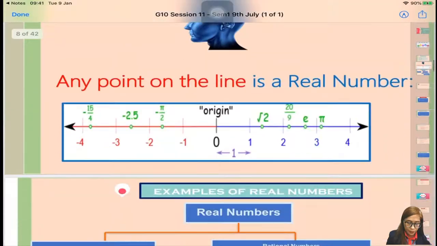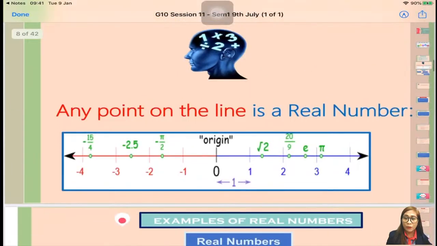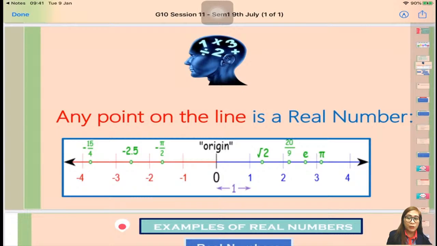Any point on the number line is a real number. From left to right, these are called real numbers. We can have negative 1 million until positive 1 million. But take note that we don't know the smallest real number or the largest real number.